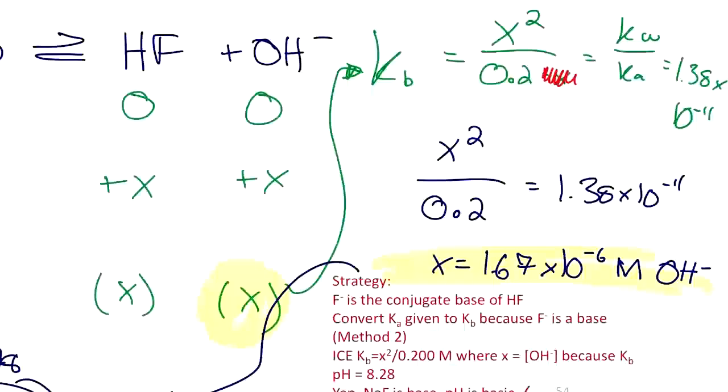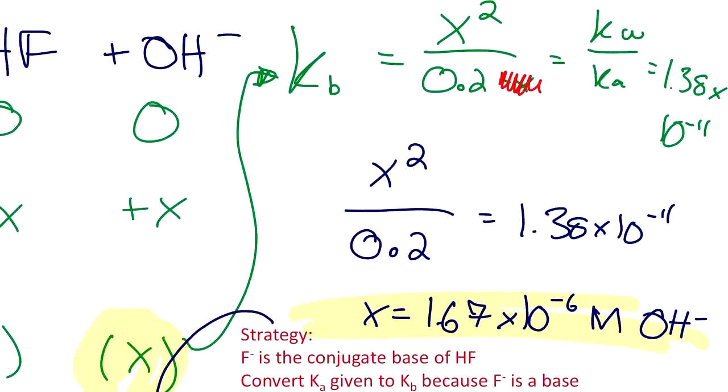Again, let me emphasize the meaning of this approximation. We do the approximation so we don't have to do the quadratic. We just, with the approximation, got that X is times 10 to the negative 6. If you put that number back into the unapproximated form, does the value of the denominator change? It does not.